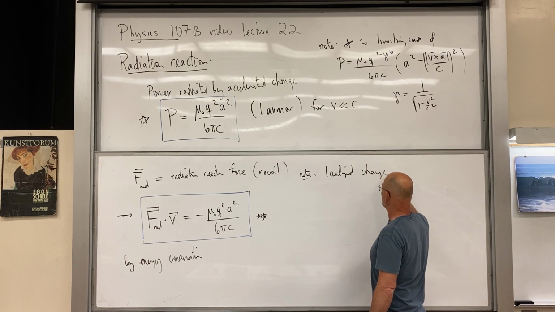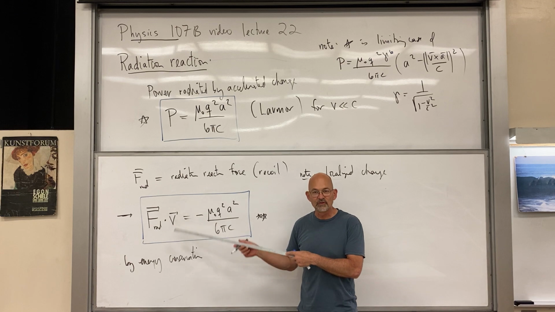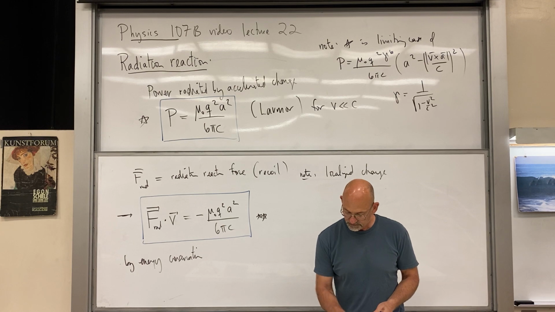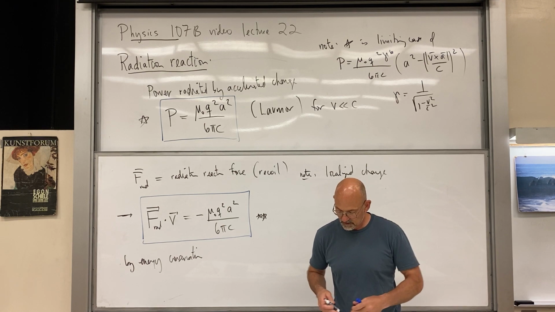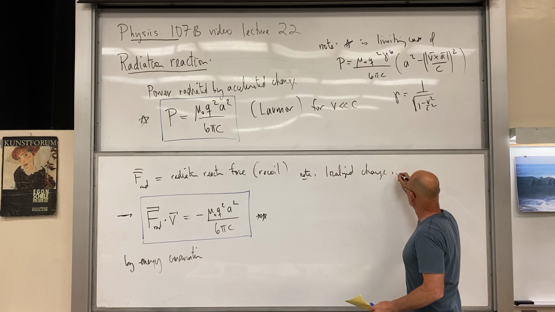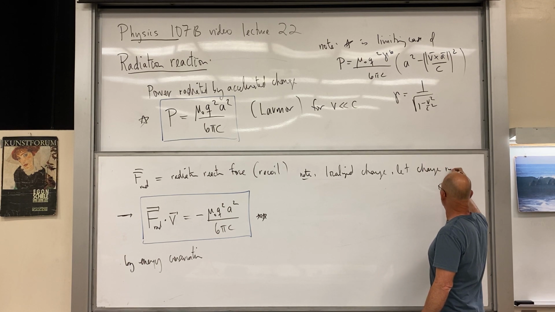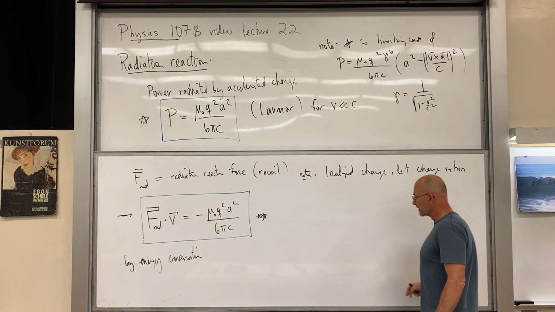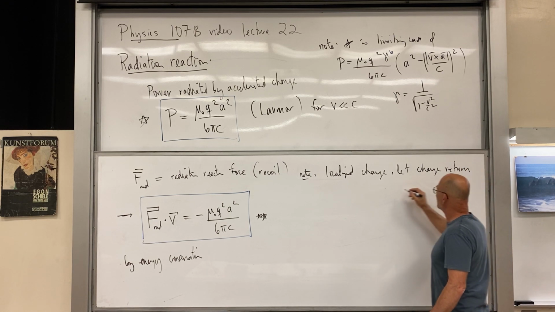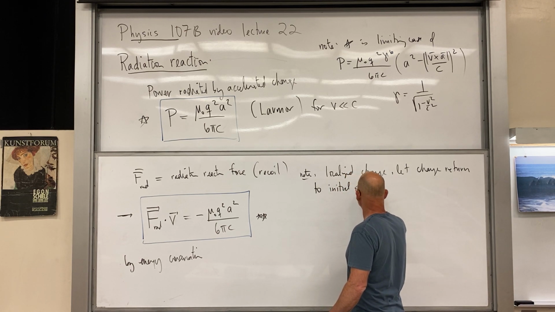Localized charge. And what we do is formally we just let the charge do some kind of motion where it returns to its origin, periodically or not periodically. So what we can do is let the charge return to its initial state.